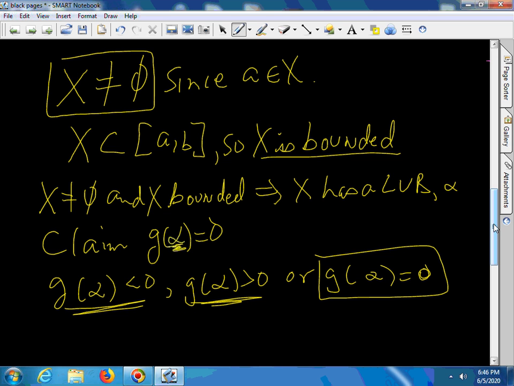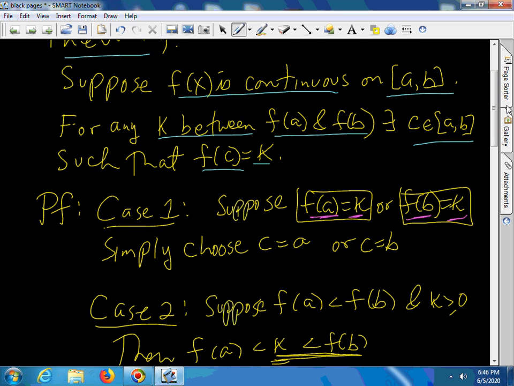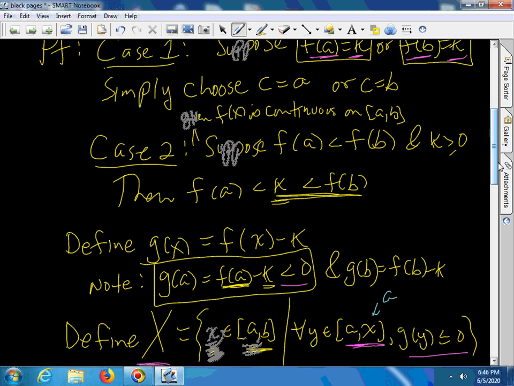g is continuous. So maybe at the beginning of the proof, I should say we're given that f of x is continuous on AB. And then I should say, so g of x, which is just f of x minus k, is continuous. y equal k, a horizontal line, that's continuous.